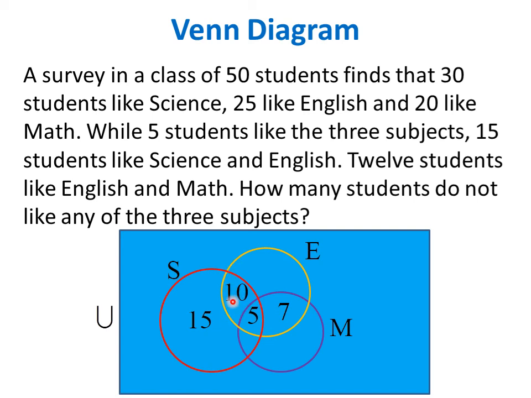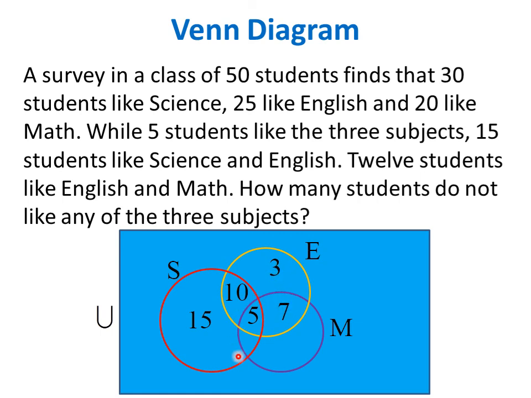Okay, next, how about the set of students who like English? 25 students like English. So within the yellow circle, we have to have 25. But in the intersections, we already have 10 plus 5, that's 15, plus 7, that's 22. So in the remaining portion of set E, we have to have 3 because 22 plus 3 is 25.